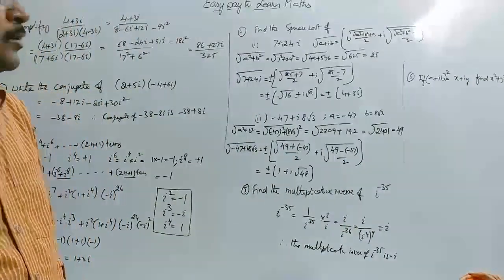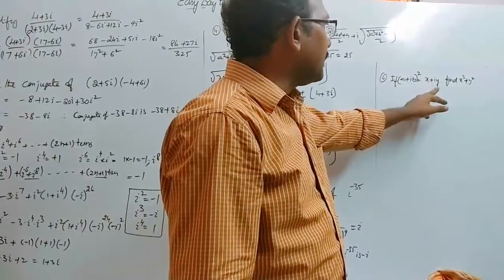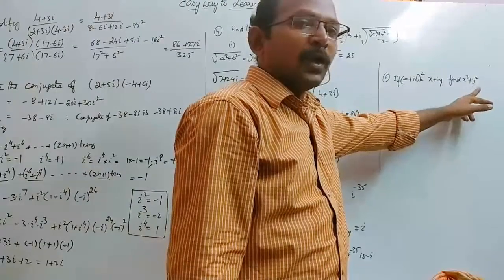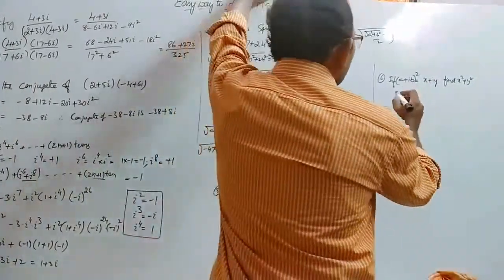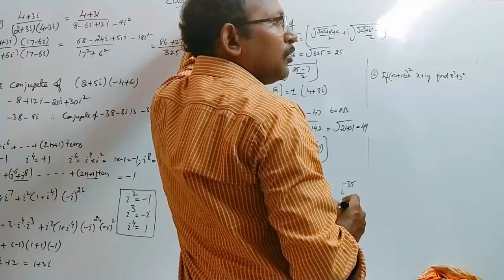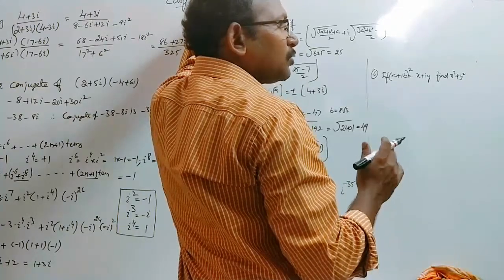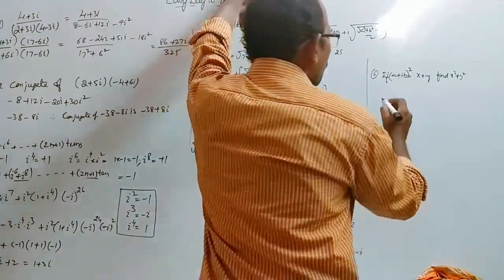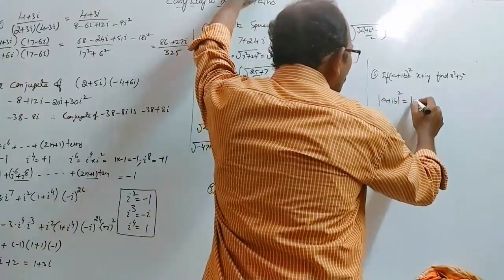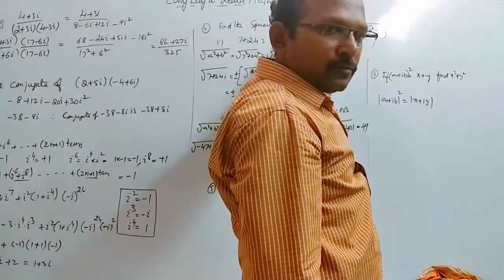Simply. Now, here if (a plus ib) whole square is equal to x plus iy is given, and it is asked to find the value of x square plus y square. Now, let us apply the mod formula. We know that modulus of a plus ib or modulus of x plus iy is square root of a square plus b square or square root of x square plus y square. Therefore, modulus of (a plus ib) whole square is equal to modulus of x plus iy.